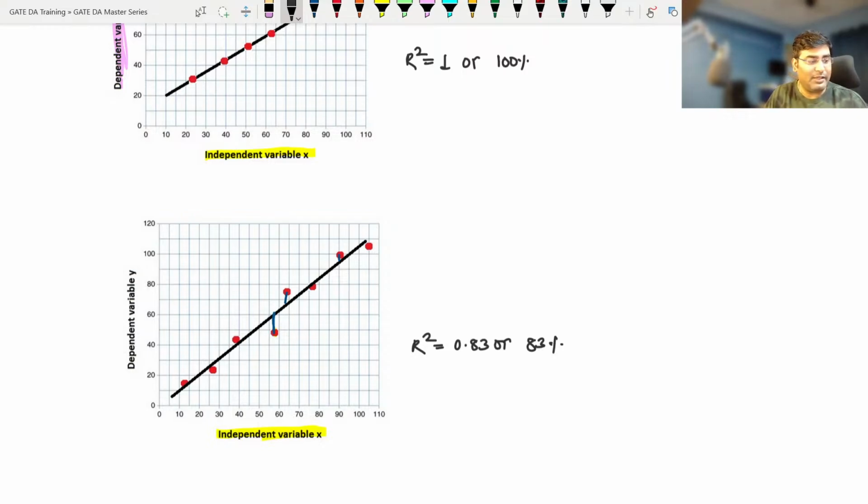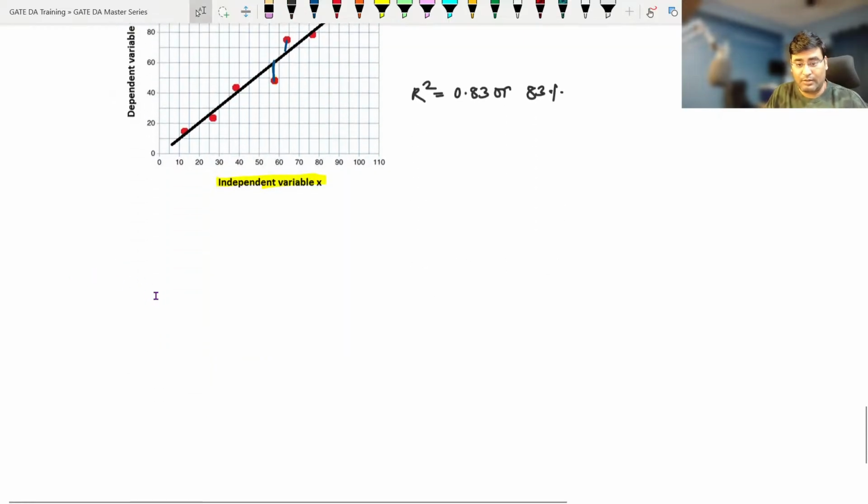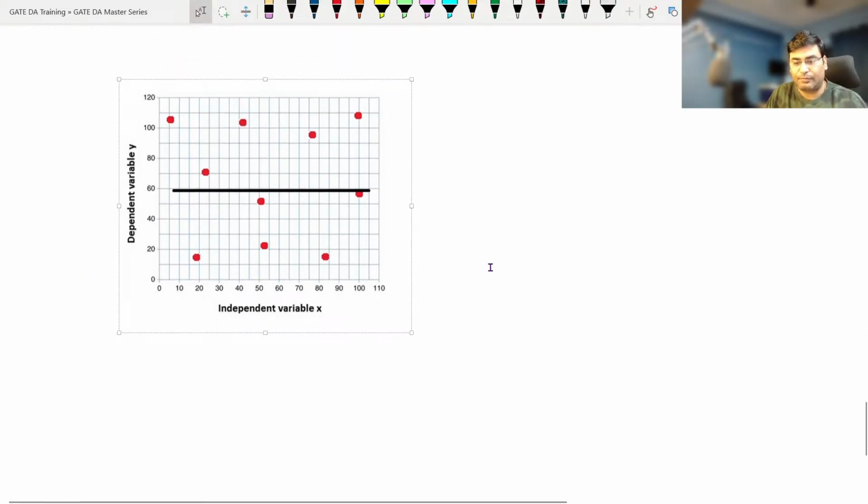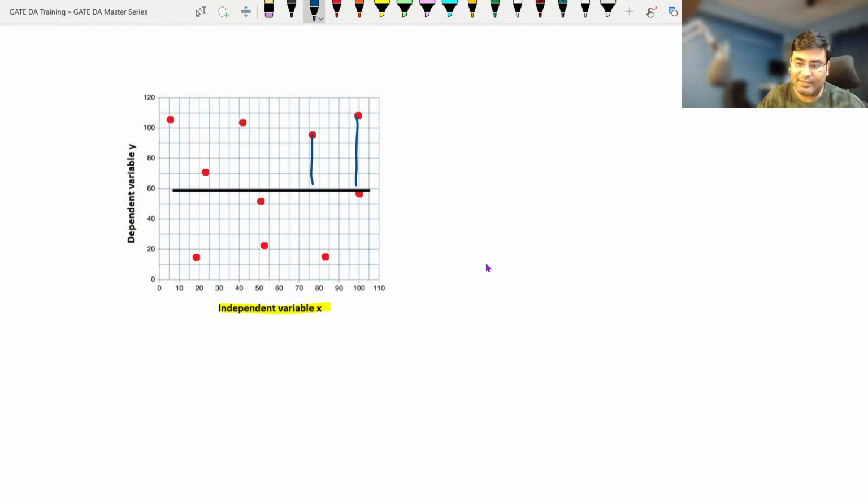And last but not least, there can be another example. Let me show you. In this example, with independent variable x and dependent variable y, if you look at the scatter plot, the actual data points are far away from the regression line, and they are not giving you any obvious patterns in the data.